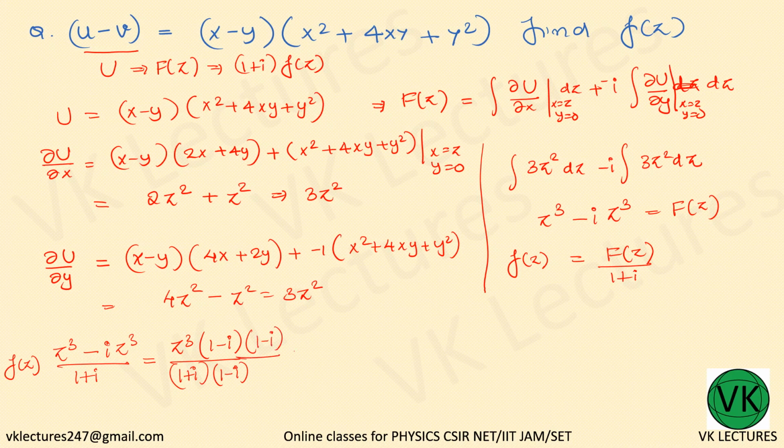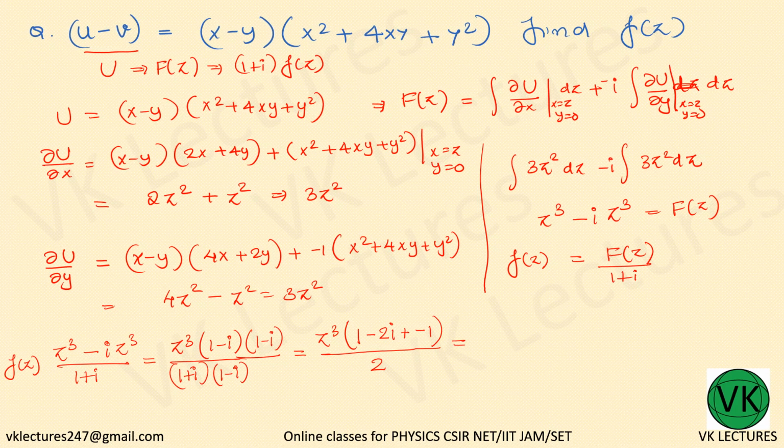This gives us z³ into (1 minus i) whole squared, so that's a² minus 2ab, that is 2ai, plus b², that is i², which is minus 1, divided by (1 plus i)(1 minus i), that is 1² plus 1², that is 2.